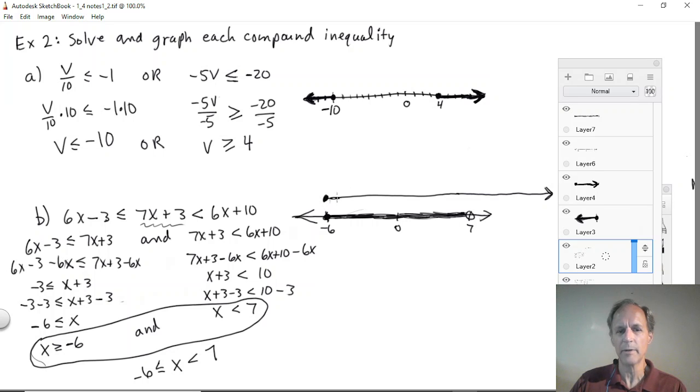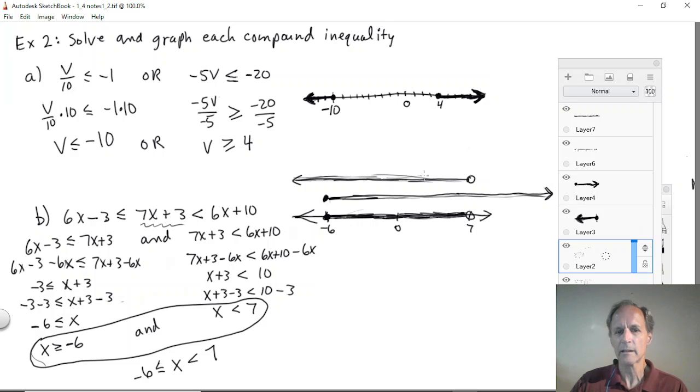I just colored it up above. And then we can look at the other one, x is less than 7. Okay, well, that does not include 7. We'll do it up above here. But it's everything less than 7, so that's everything here. Okay, so that's what we get when we just consider that second one, x less than 7.